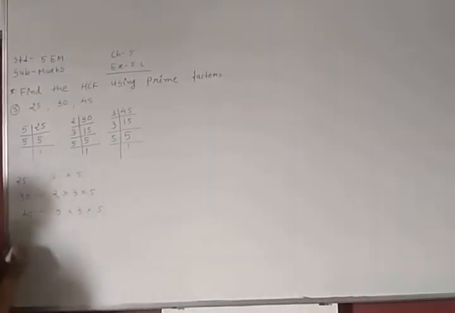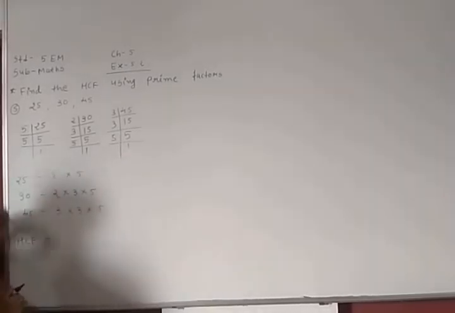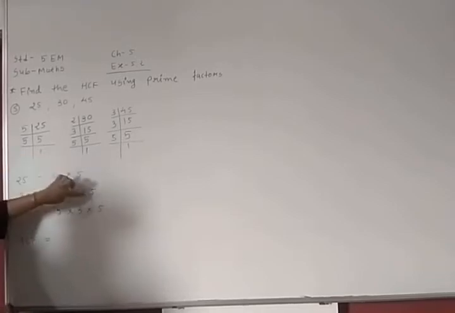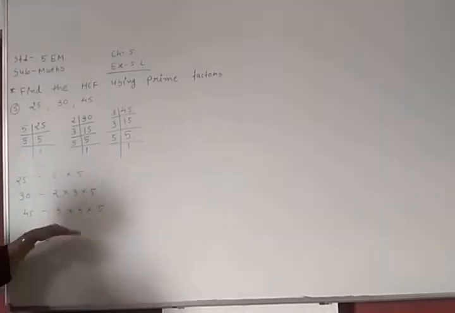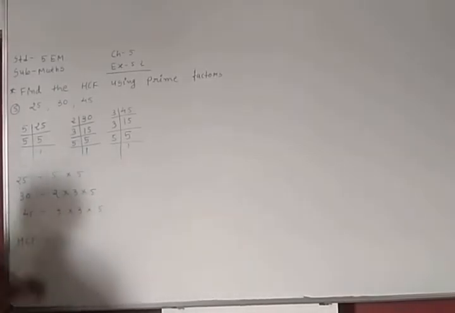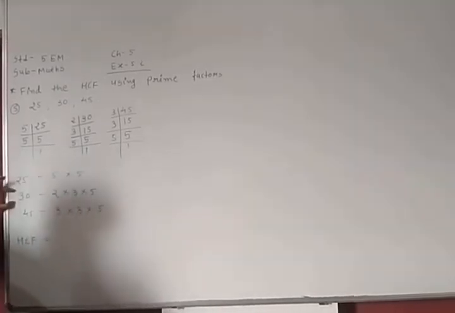Now what are we finding? HCF, highest common factor, is equal to... Now find out the common factors. 5, 5 and 5. So 5 is common. Nothing other than 5 is common. 2 is there, but it only comes in 30. It is not coming in 25 and 45.